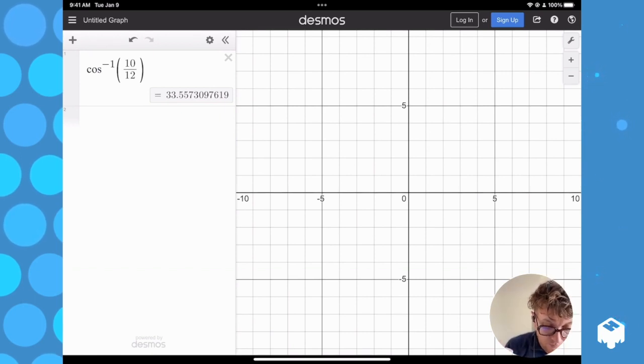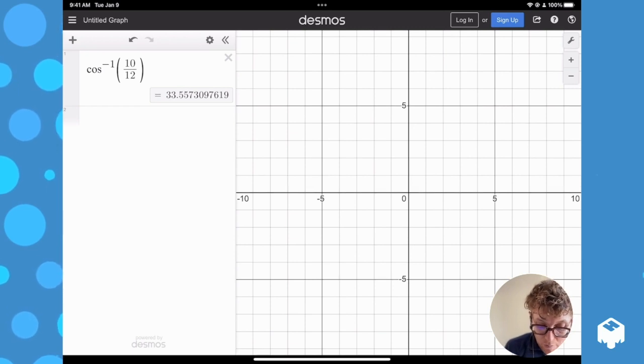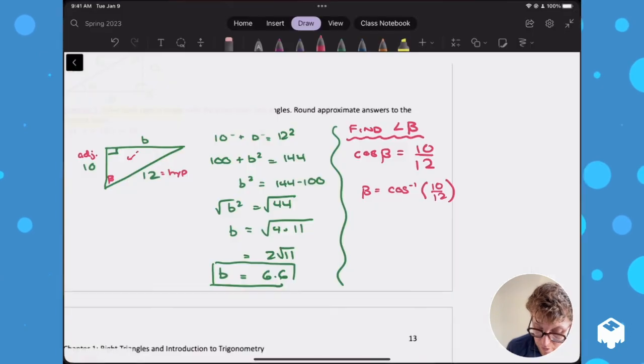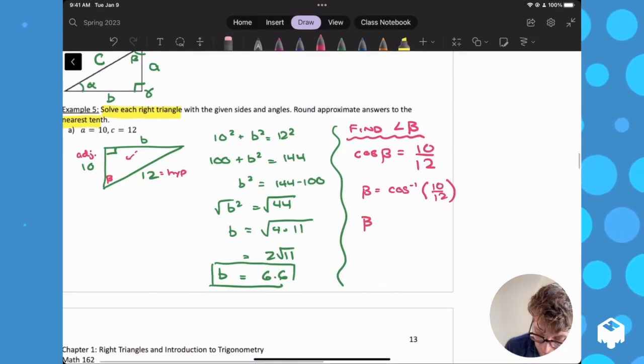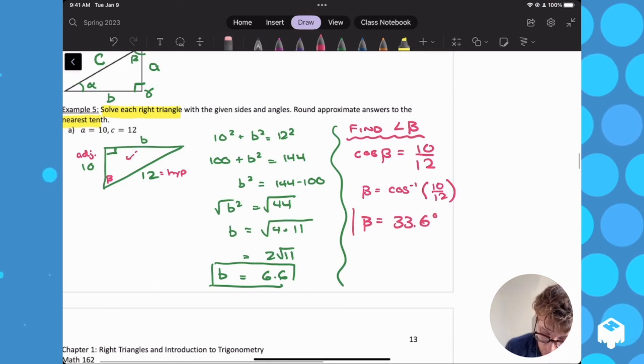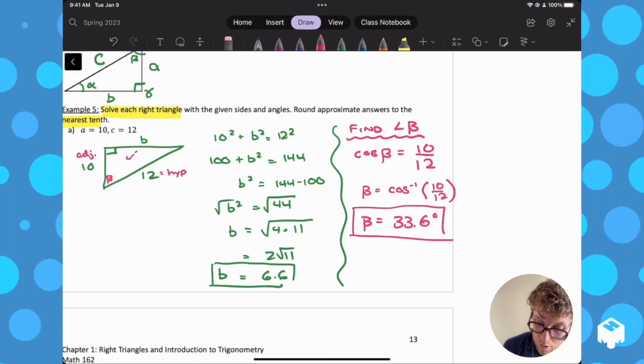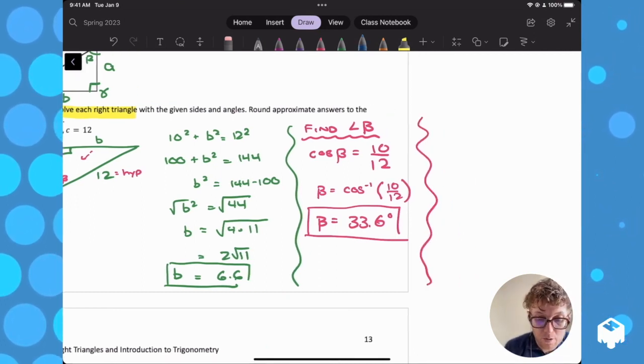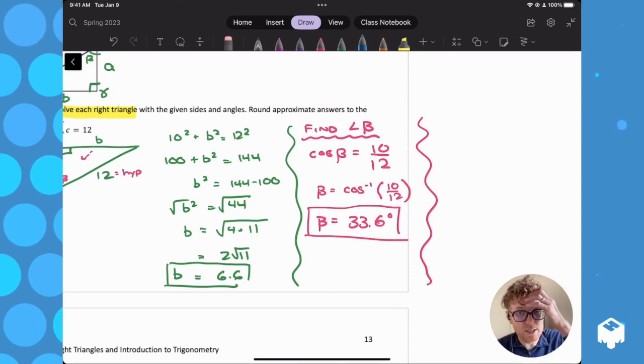And so now I see that it is possible that we have a small angle, but in this case, I see that it's 33.6 degrees is the angle there, 33.6 degrees. So always check. You never know when your calculator is going to switch modes. You always want to check and see if a number doesn't seem reasonable if you actually typed in everything correctly and your settings are correct.